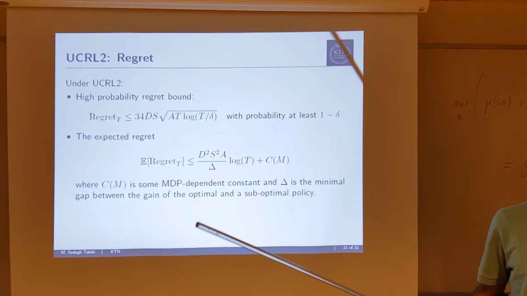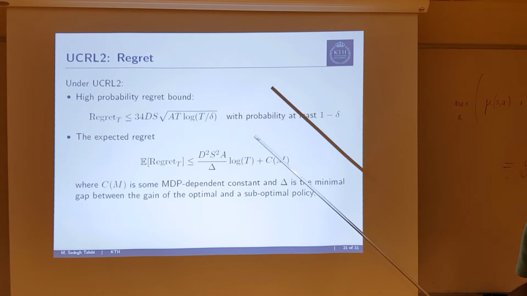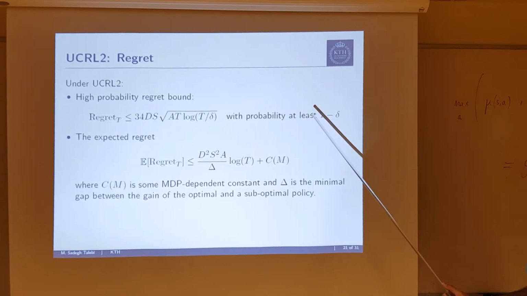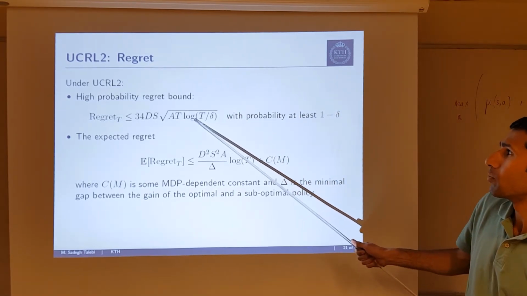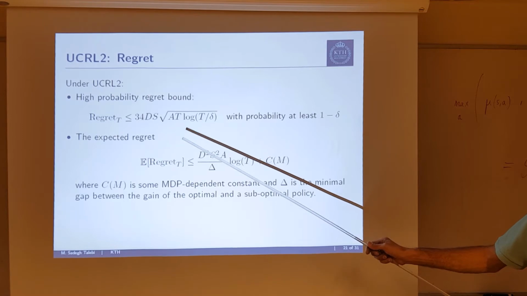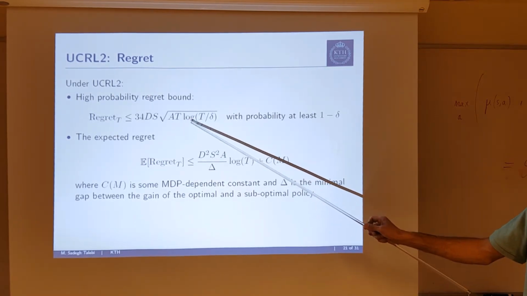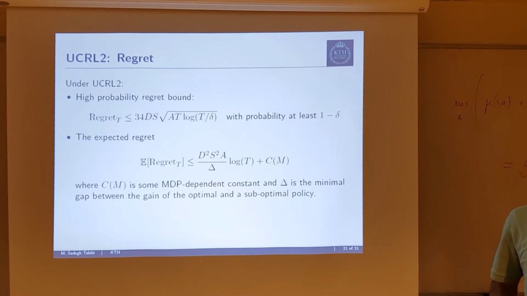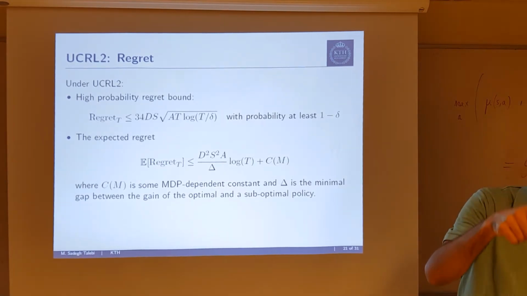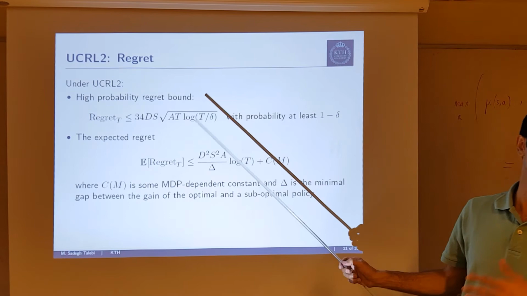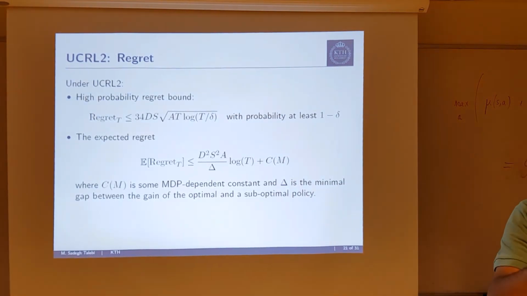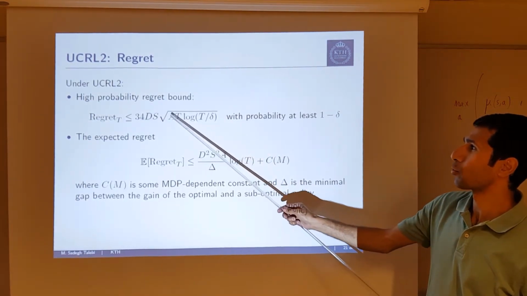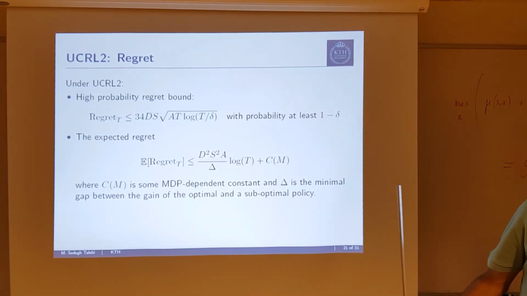So the smaller delta you choose, you increase this confidence, and you harm your regret bound only a little bit, because it's just log of T over delta. For example, if delta is 1 over T, it would be log of T squared, which is 2 log T. If delta is 1 over T squared, which is much better confidence, it would be the square root of 3 log T.